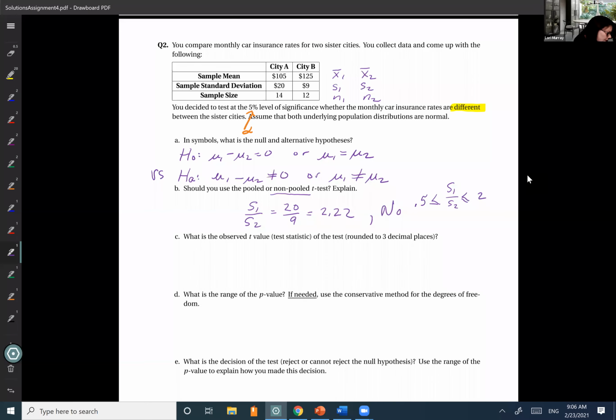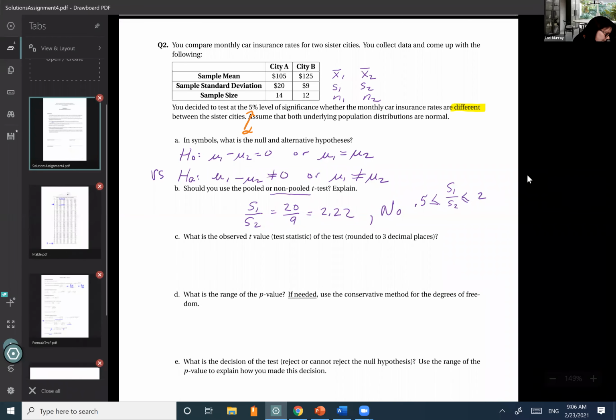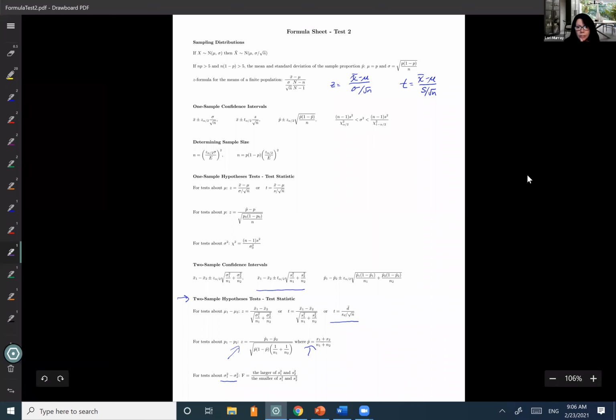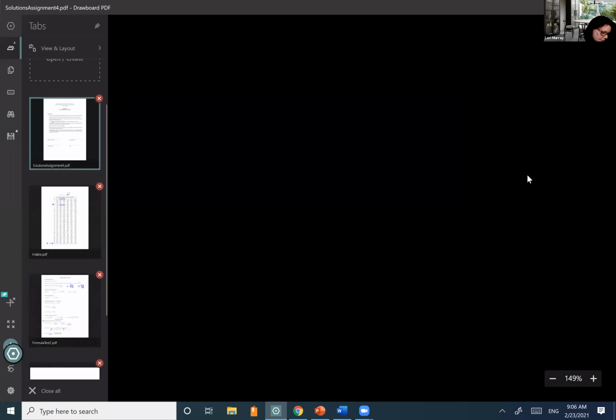Another hint about test 2: you'll see there's no formula on the formula sheet that I made up for the pooled t-test. I just don't use it.